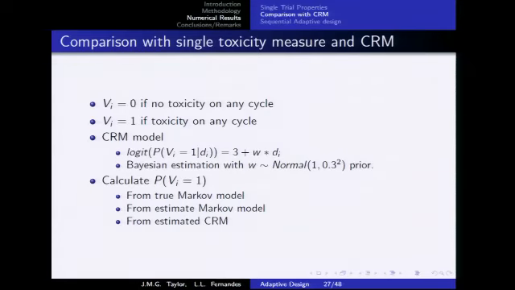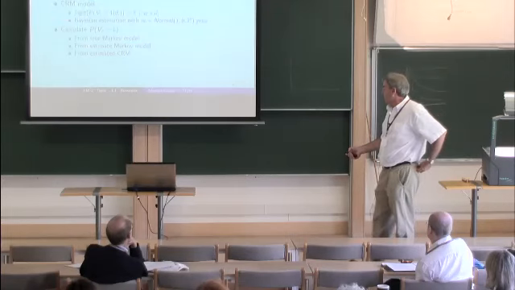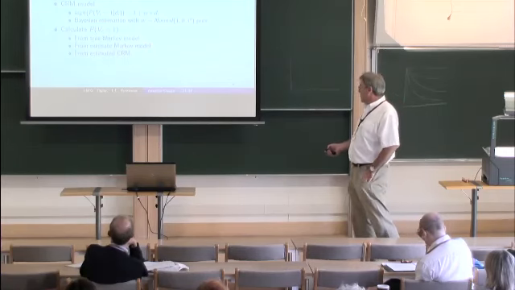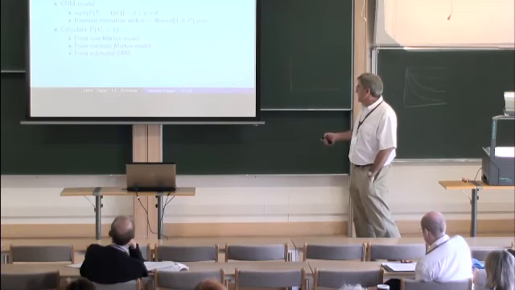We do this with a Bayesian prior on the parameter W. So I've got 2 ways of analyzing this data, and what I want to get out at the end is how well I estimate not the parameters, but the actual probability for the person. I can calculate that probability for the person from the truth, because I know how I simulated the data, from the estimates of the method that takes account of all the cycles, or from this method which just uses a single binary endpoint.